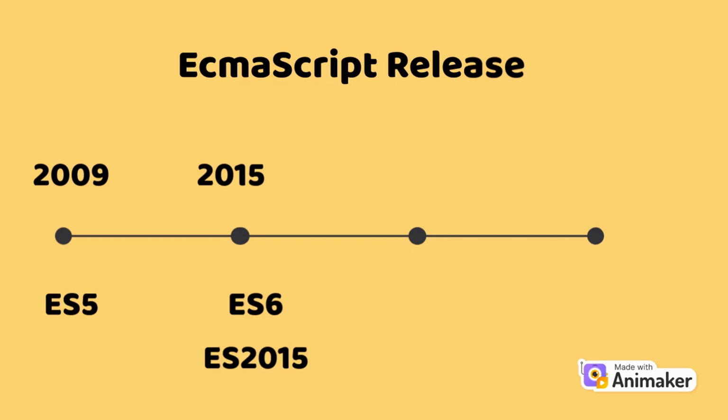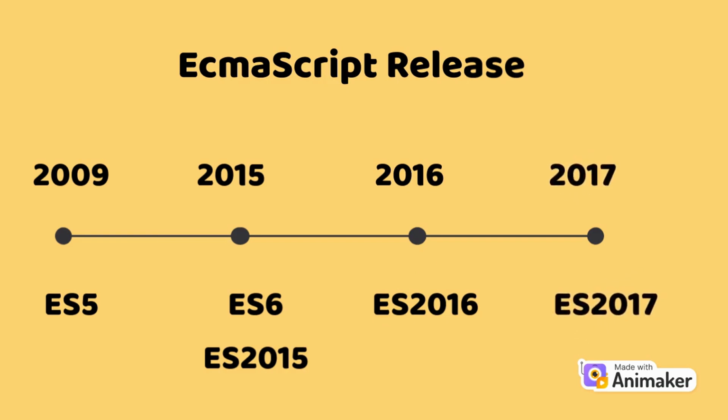So right now, there's going to be a new release every single year. According to this new annual release cycle, in 2016, EcmaScript 2016 was released, and like this, it will continue going forward. This annual release is helpful for everyone, for developers as well as for browser vendors.